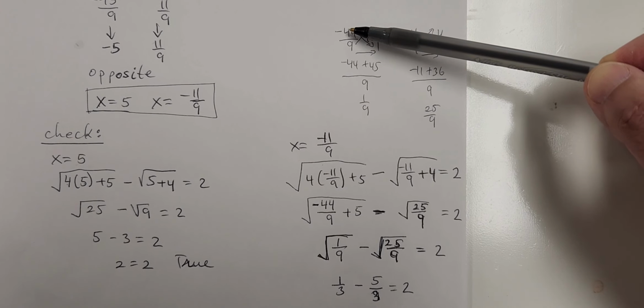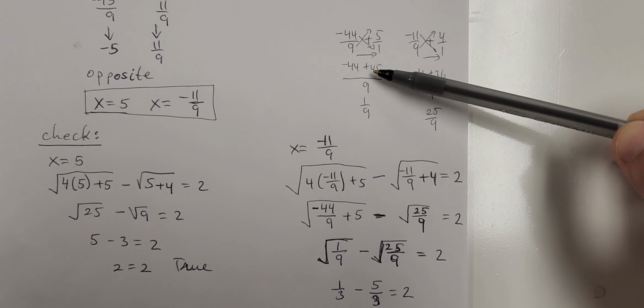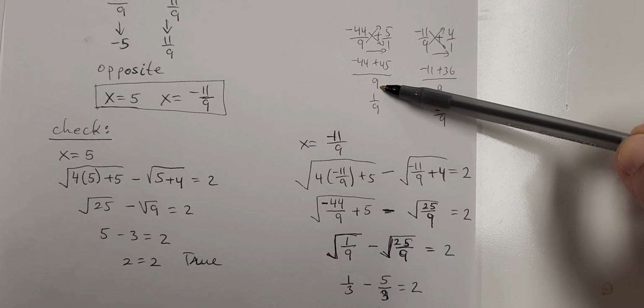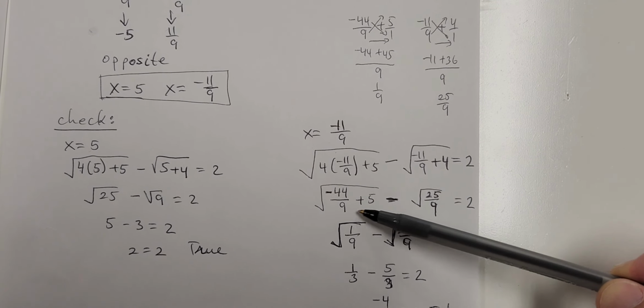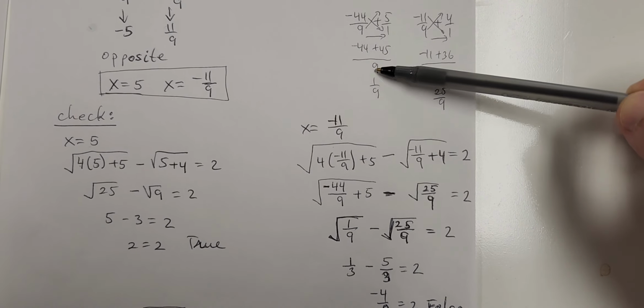So cross multiply, that gives me negative 44, and then 9 times 5 gives me 45. Underneath, 9 times 1 gives me 9. 45 subtract 44 gives me 1 over 9. So this part where I'm circling is 1 over 9, and the work is right here.